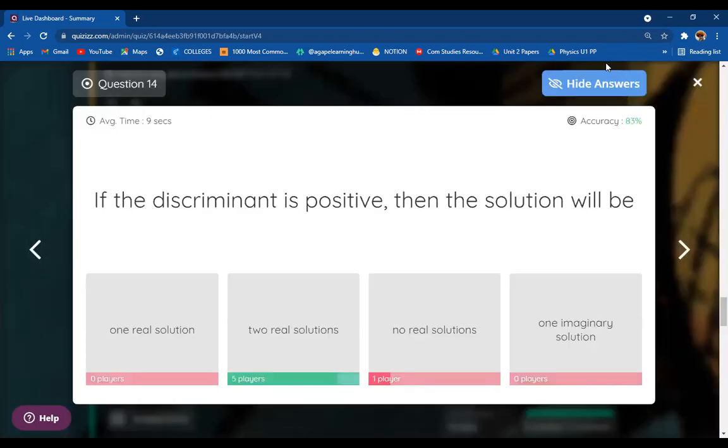If the discriminant is positive, that means b squared minus 4ac is greater than 0, then it has two real and distinct roots. Two real solutions, roots, solutions, intercepts, well, x-intercepts, they all mean the same thing, right?